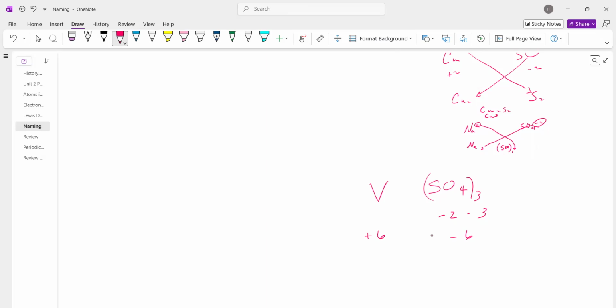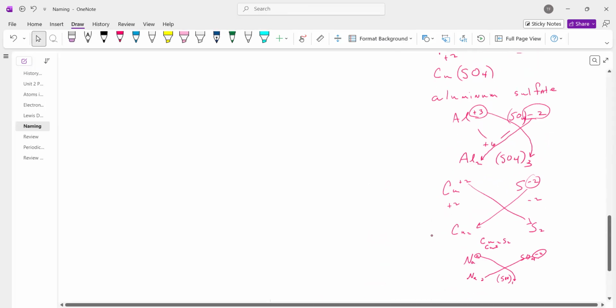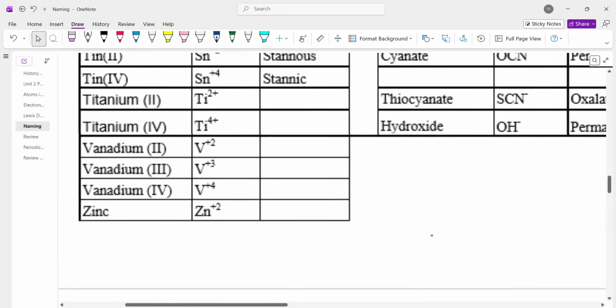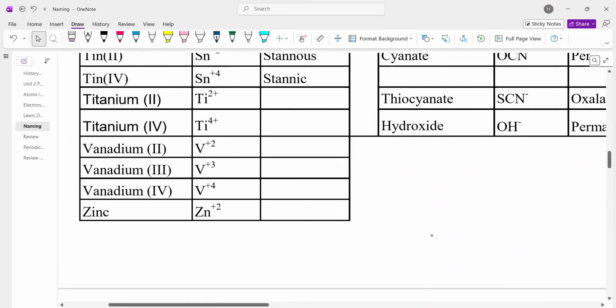Look on your chart. You see a vanadium 6? Bottom left? No. But it's got to be a 6 because it's balanced. All right, let me show you up here then. This has 3 of them listed, which are the common versions of vanadium.